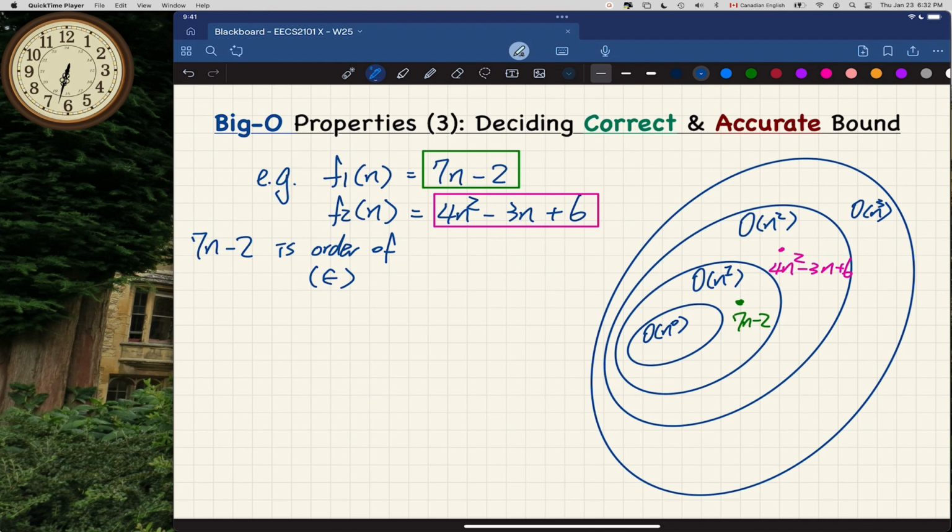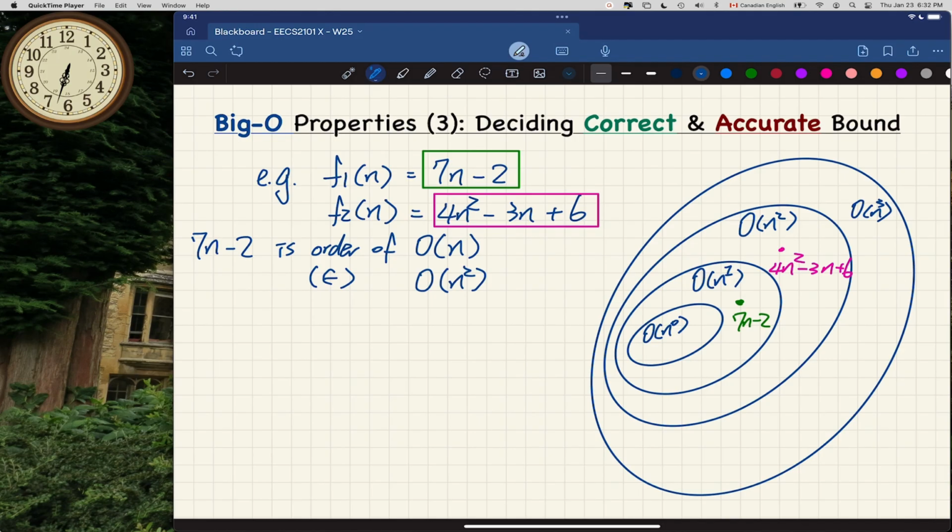Remember a different way of saying big O, right? Big O of, what would you say? N, at least, right? That one I agree. Can I also say it is big O of n squared? Is it correct?